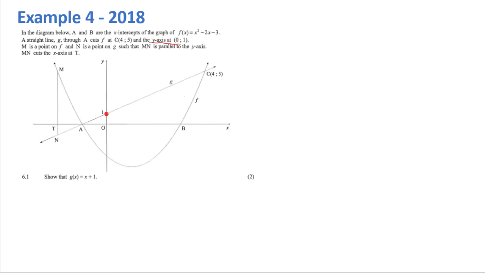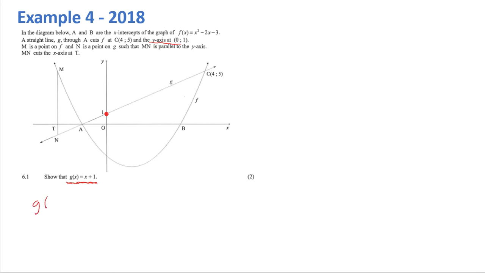Okay, so we know that they constantly guide us through it, so we just need to work through it step by step. The first question is easy. They're saying show that the function gx equals a certain thing. So they're giving it already. Does it make sense? Well, yes, because this gx is a straight line.